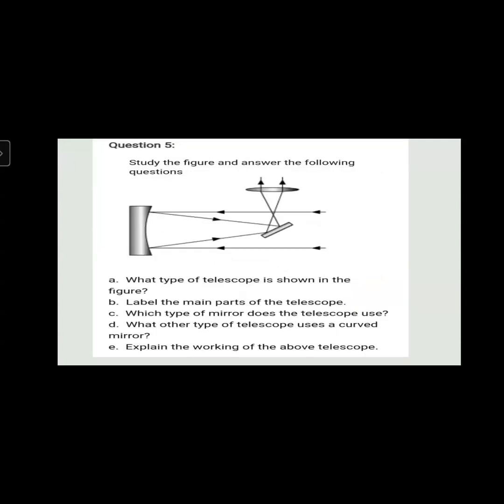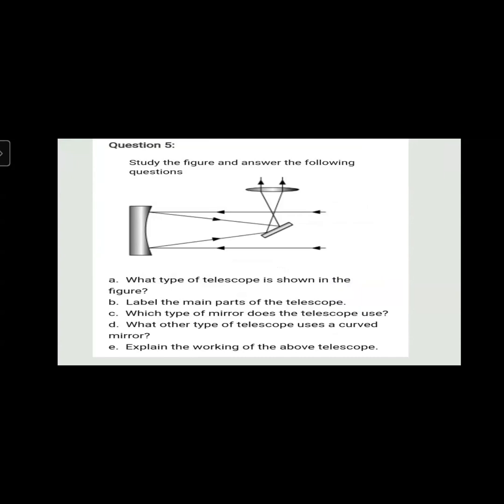Then next is question number 5. What is the question? Again, this is an important question which can be asked for 5 marks in the exam. Study the figure and answer the following question. So one diagram is shown to you, and the 5 questions are asked to you, and each question carries 1 mark. So the question is, study the figure and answer the following questions.